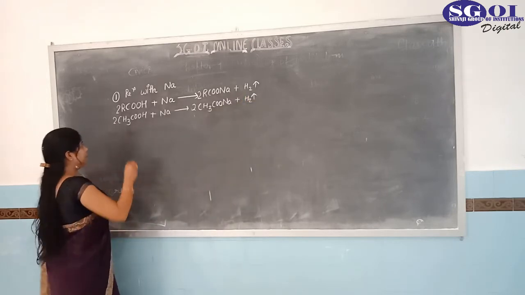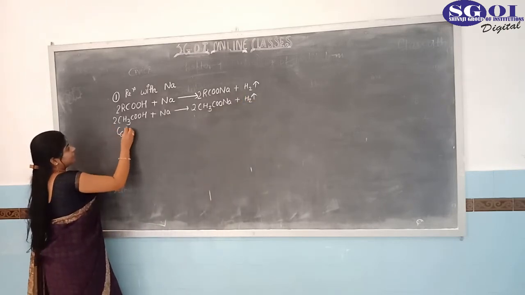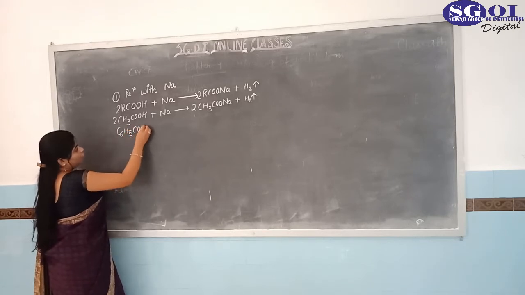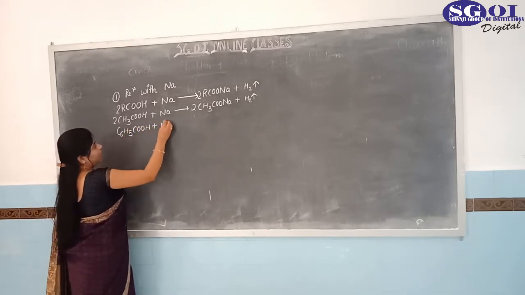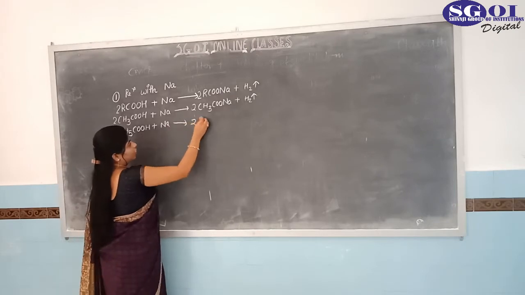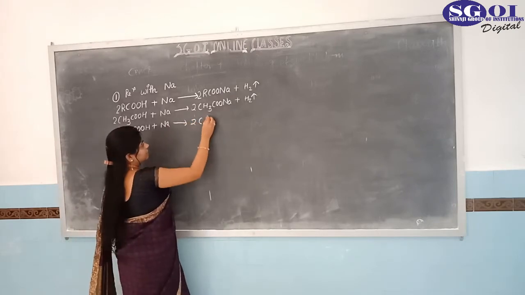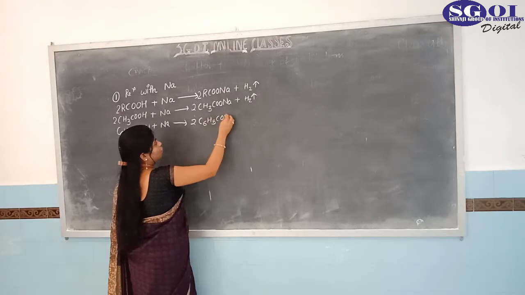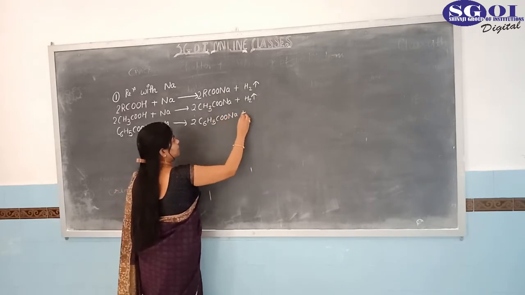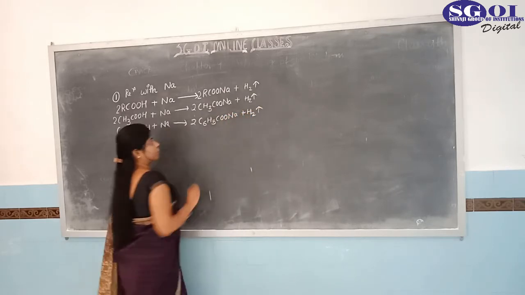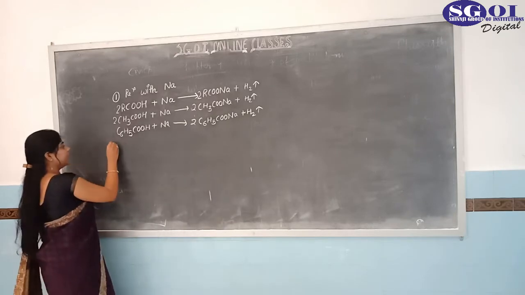And when we have benzoic acid, C6H5COOH, it reacts with Na to form sodium benzoate, C6H5COONa plus H2.